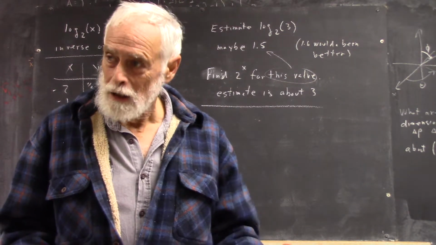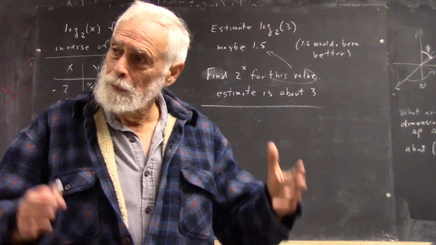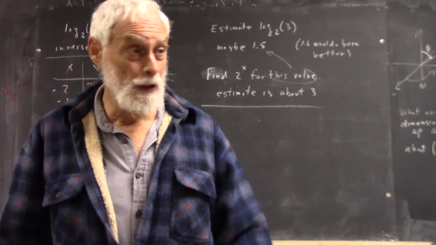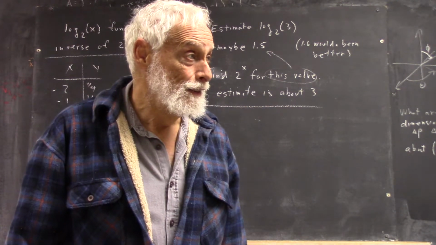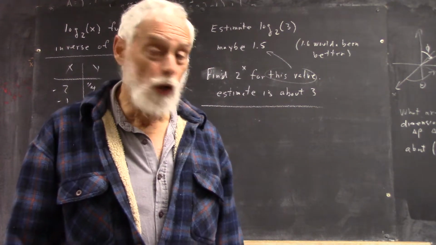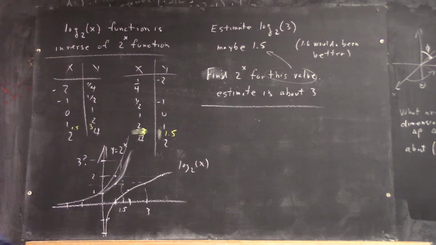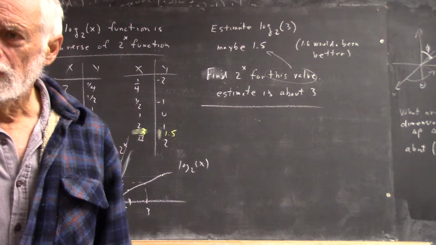I penalized it a little bit on the major quiz. I'm going to penalize it much more heavily next week. When I say estimate, you don't go to your calculator because that doesn't reinforce these relationships. That's just numbers that come out of the ozone.